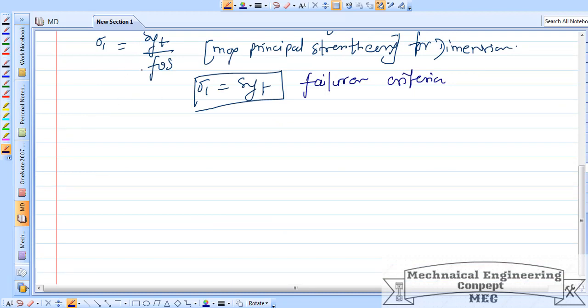Sorry, sigma 1 can be written as epsilon into E, my mistake.